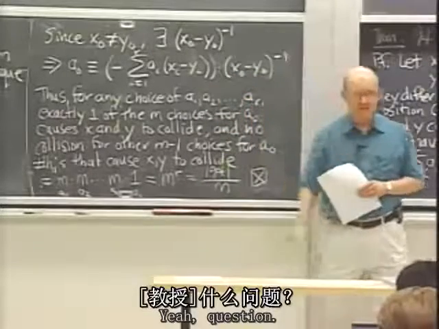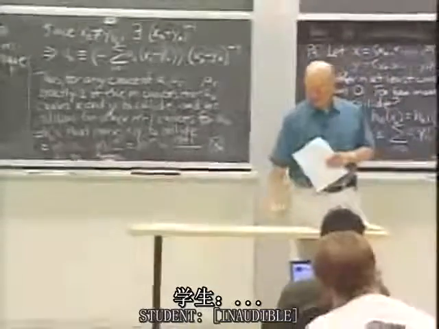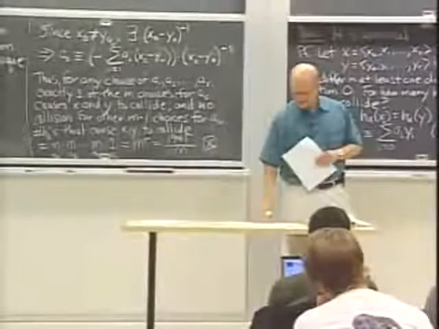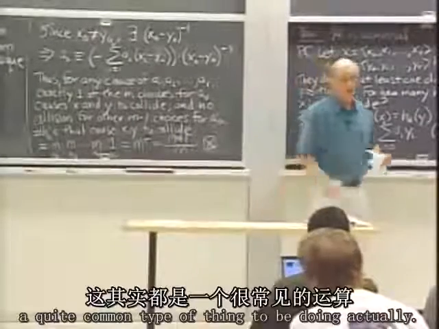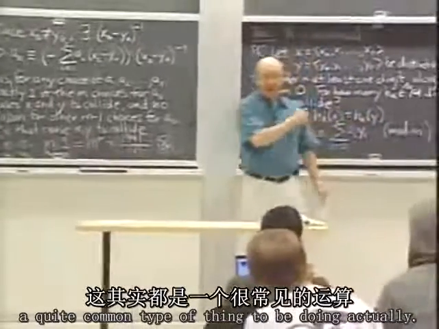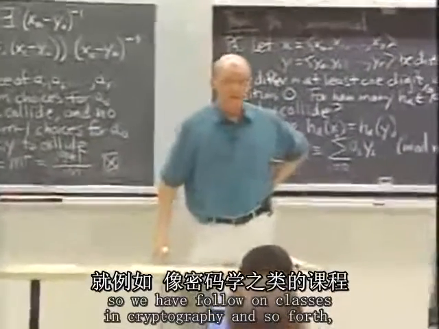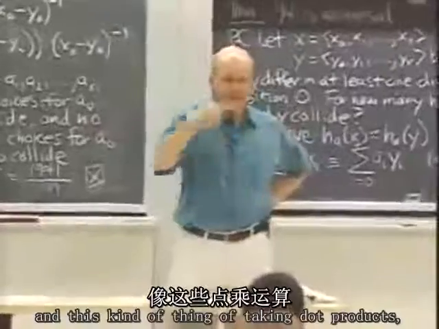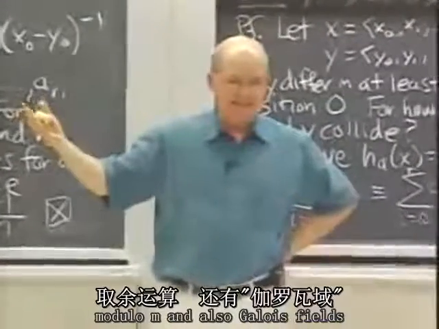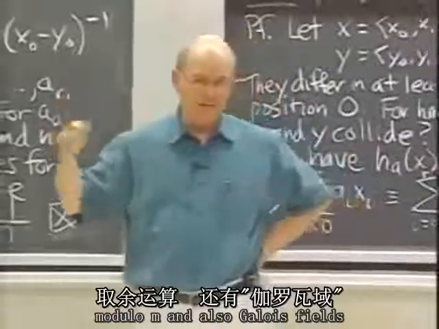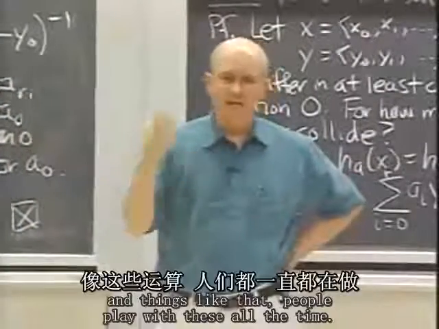Question: Is there any kind of intuition on how such an algorithm was designed? I understand the proof, I just have no idea where it came from. Well, part of it is, this is actually a quite common type of thing to be doing. If you take a class, we have follow-on classes in cryptography and so forth, this kind of thing of taking dot products modulo m, and also Galois fields, which are particularly simple finite fields, people play with these all the time.